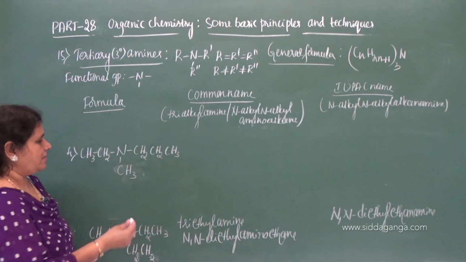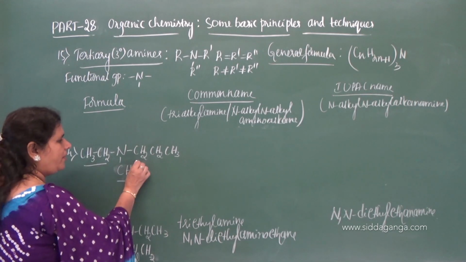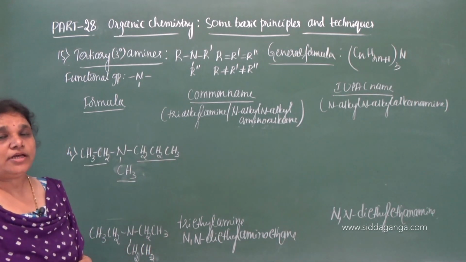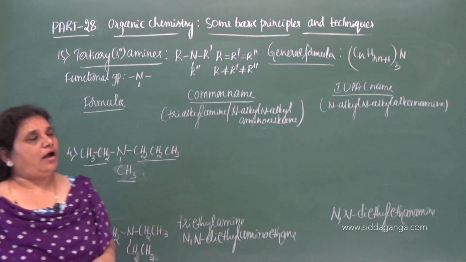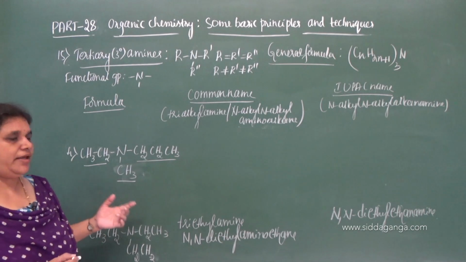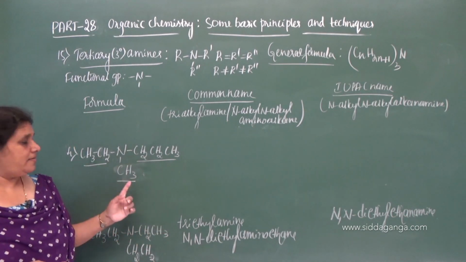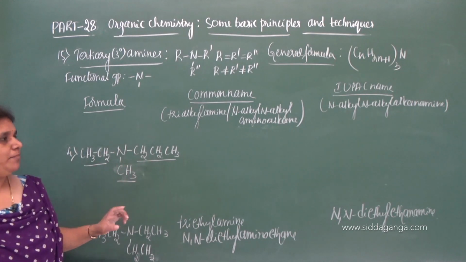So look at this tertiary amine, ethyl group, methyl group, N-propyl group. All the three are different. R, R dash, R double dash are different. Now we need to arrange them in alphabetical order. First comes ethyl, then comes methyl, then comes N-propyl.